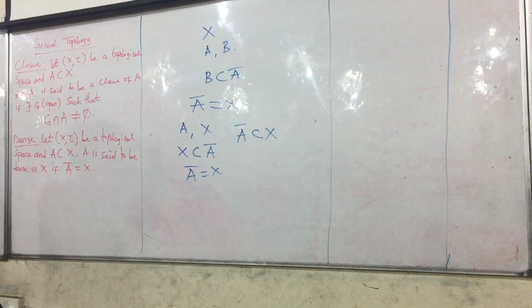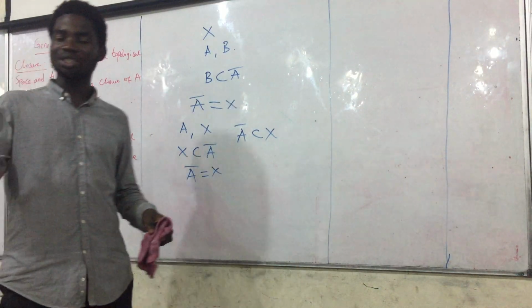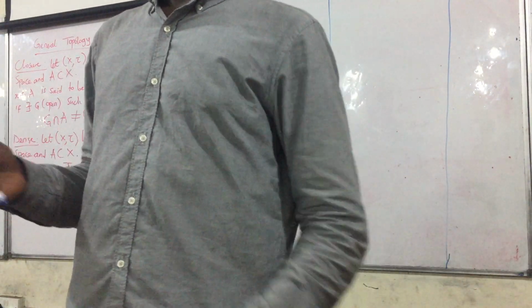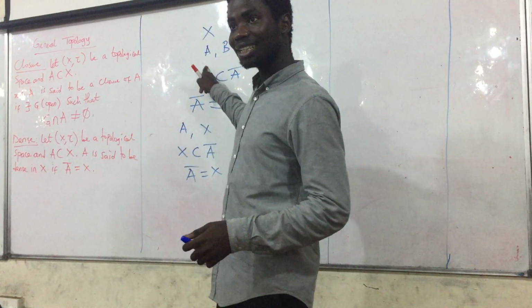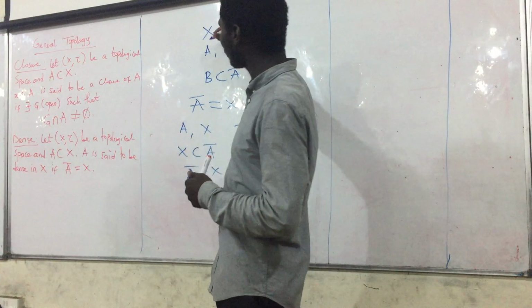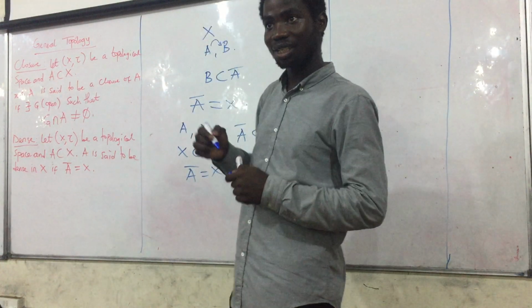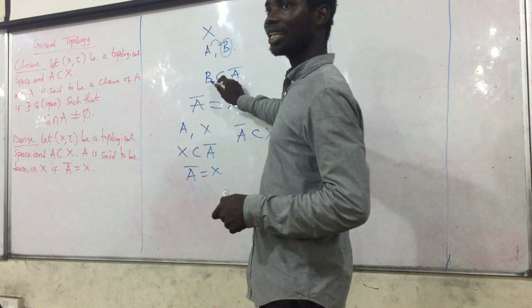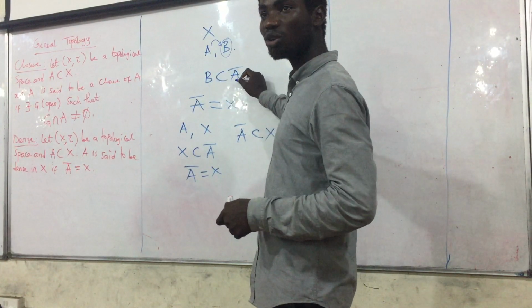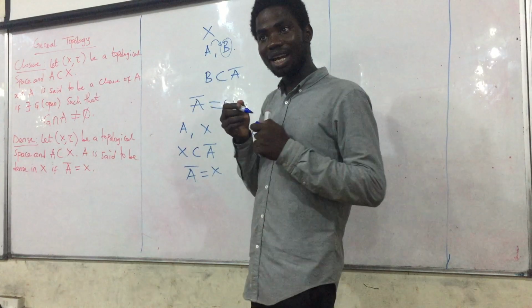Do you get that? I say if you have two sets A and B, A is said to be dense in B if B is fully contained in the closure of A. Do you get that?